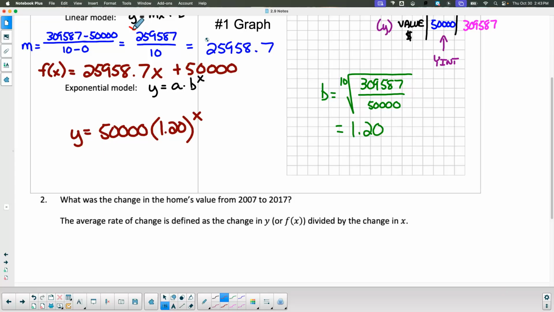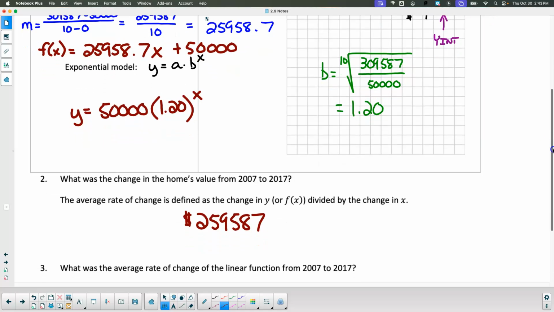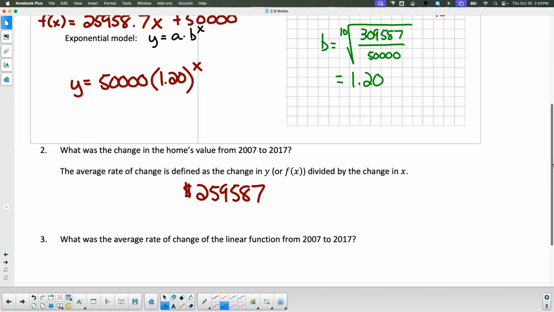I get it. But we got to read it. So this one wanted the change in the home's value from that time frame. So this answer here is going to be $259,587.